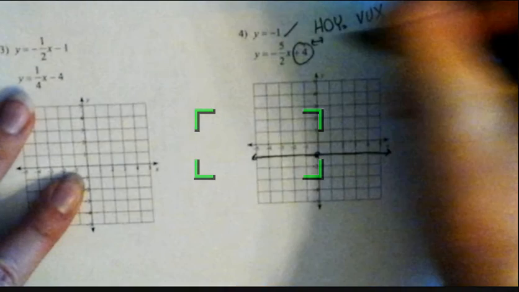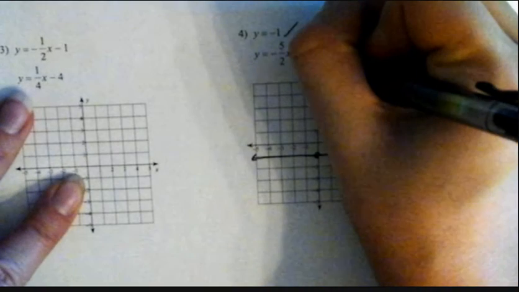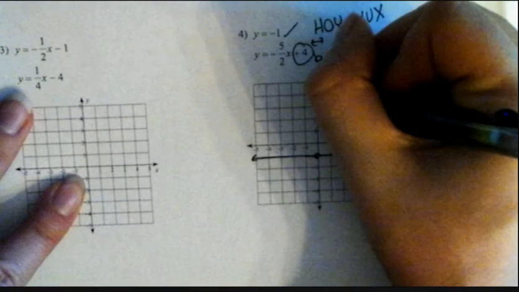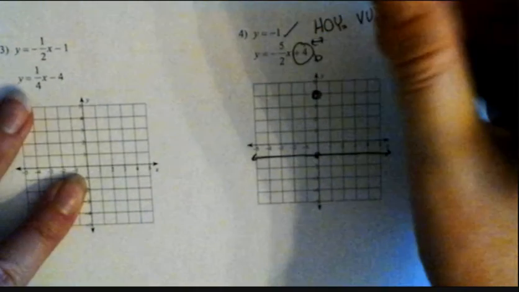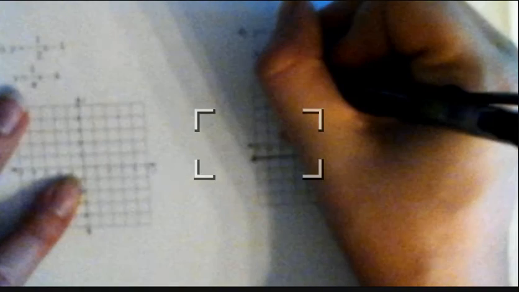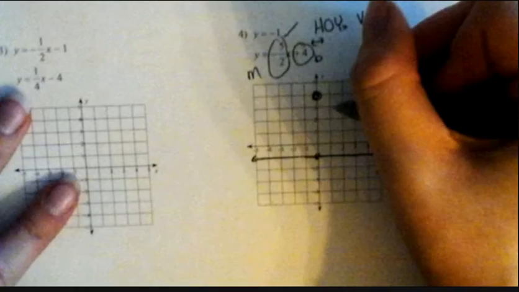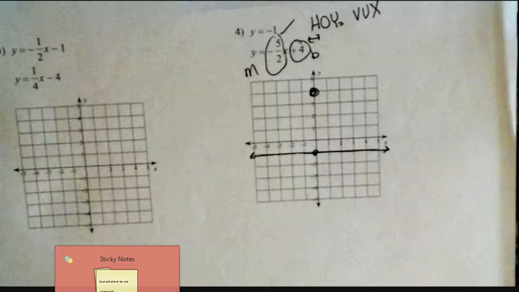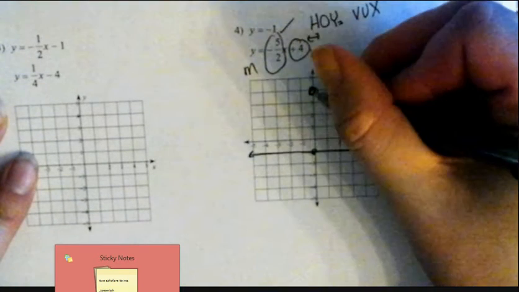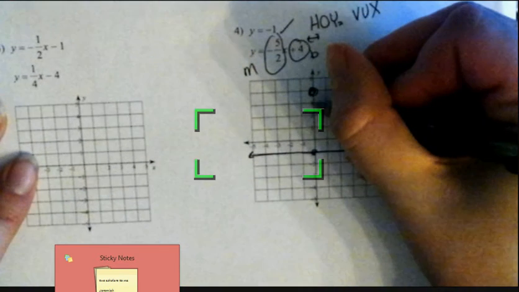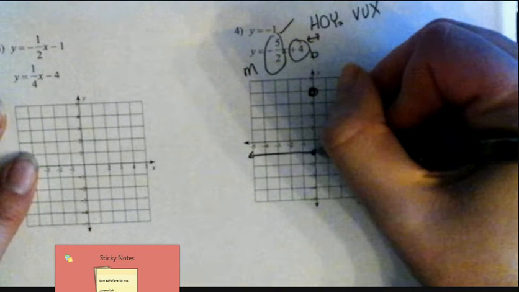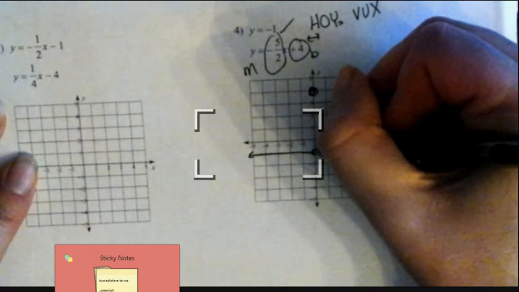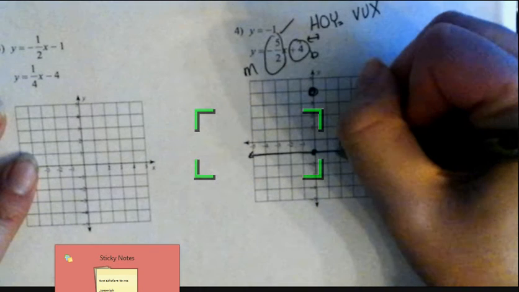Now for this equation, it has a y-intercept, or b, of positive 4, and then a slope, or m, of negative 5 over 2. So from here, I go down 1, 2, 3, 4, 5, and then I would go over 1, 2.